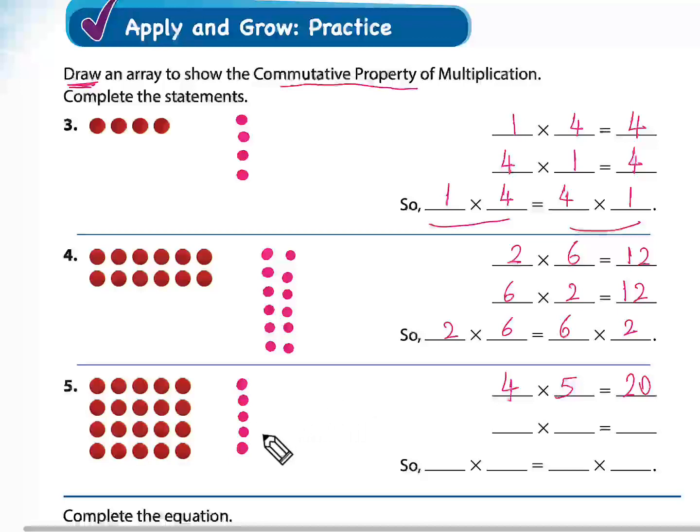Yes. So this is 1, 2, 3, 4, 5. This is the second column. This is the third column. And this is the fourth column. Okay, now the equation. Abdurrahman, what is the equation? Abdurrahman, 5 times.